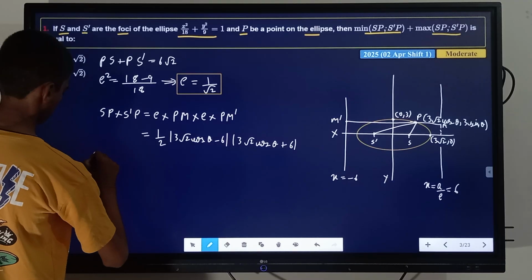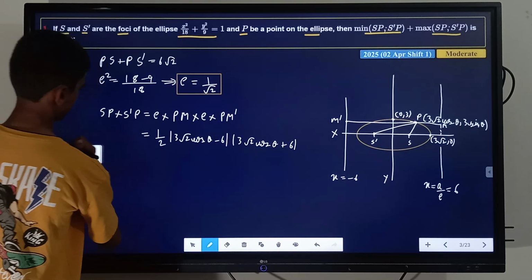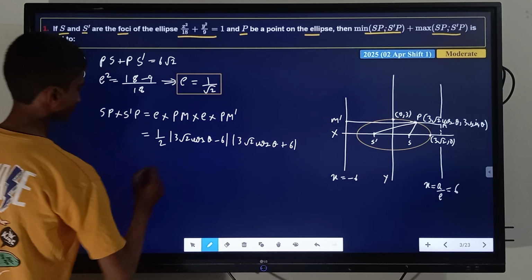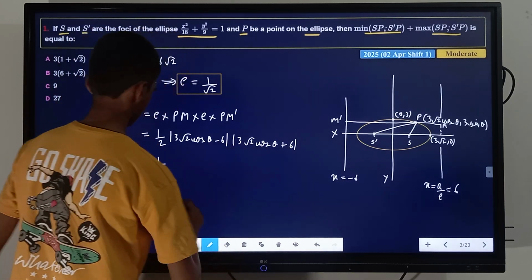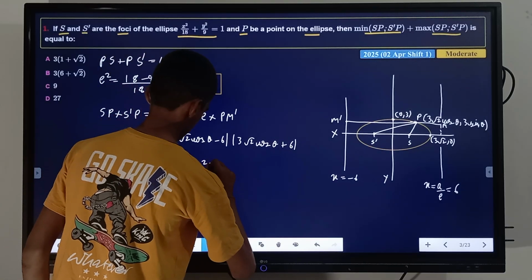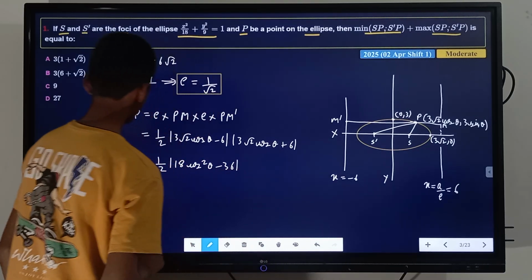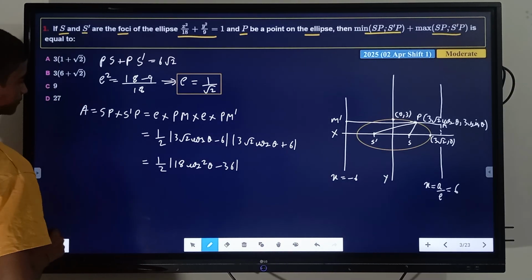Now SP into S dash P, let's first write product of these two moduli. This will be 18 cos square theta minus 36. Now let's say our A is equal to this product.